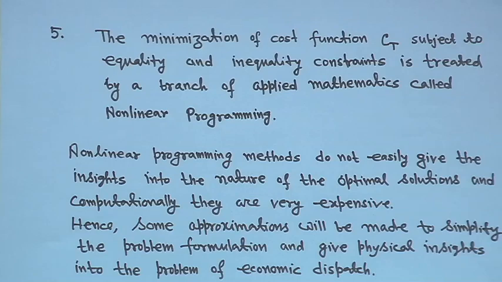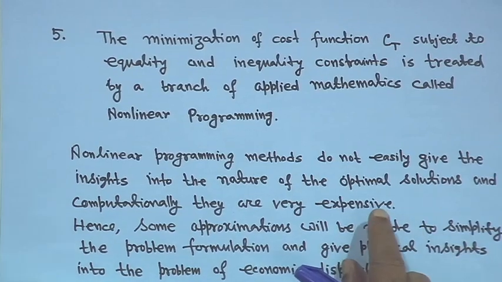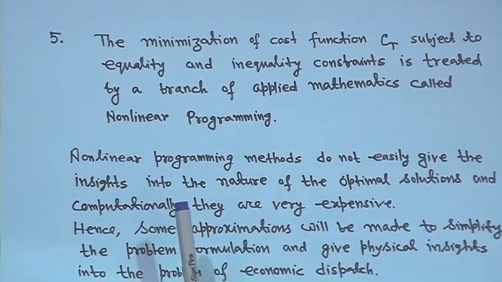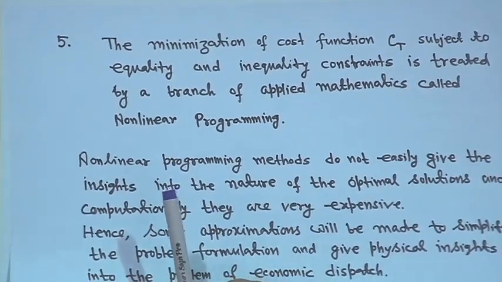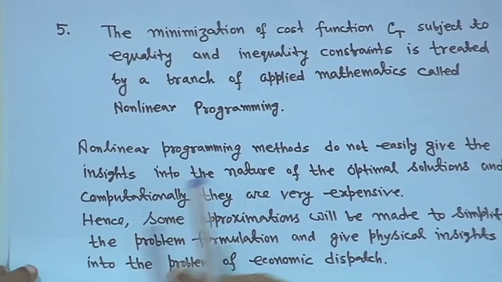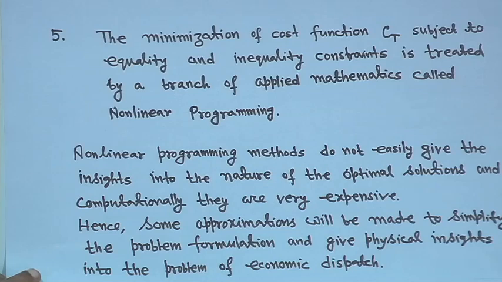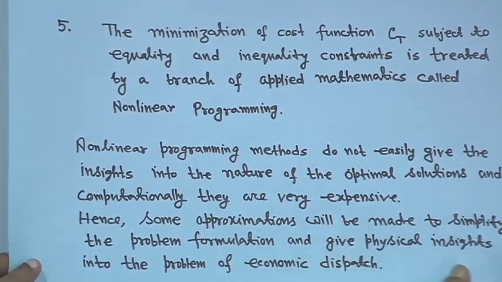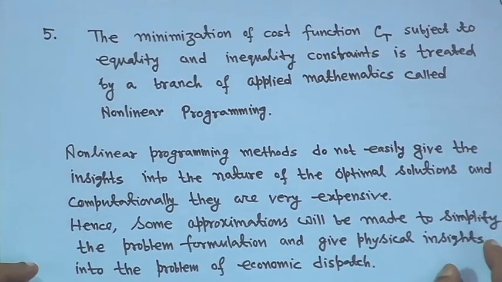In that case, what will happen is it takes more time than nonlinear programming. But the question is that in this kind of nonlinear programming method, there is a strong possibility that it will get stuck at a local optimum, that means either local minima or local maxima. Whereas soft computing technique generally gives the global optimum value.